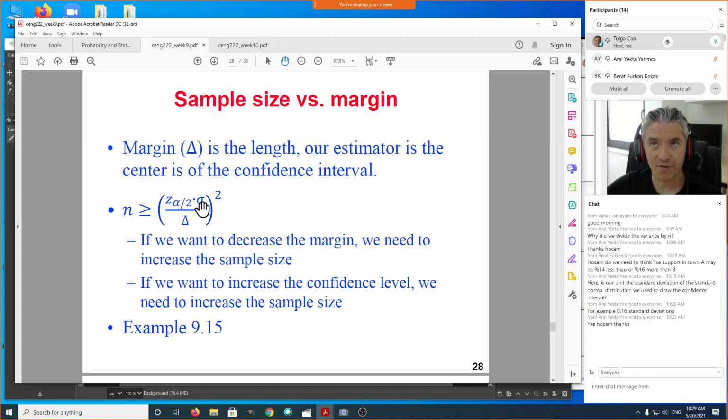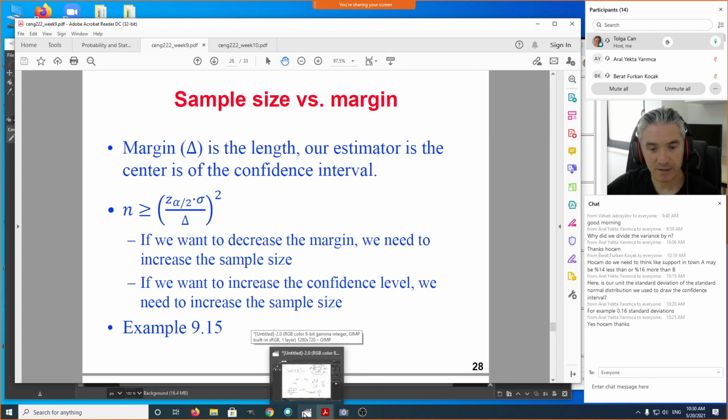This was the standard deviation of individual variables, because this sigma divided by square root of n was on this side of the equation. So this sigma is the standard deviation of those individual variables. And we also don't know that. So this is p hat times 1 minus p hat.